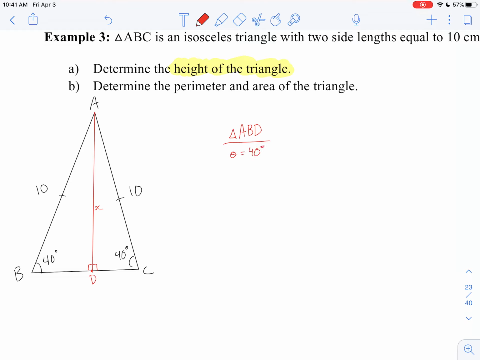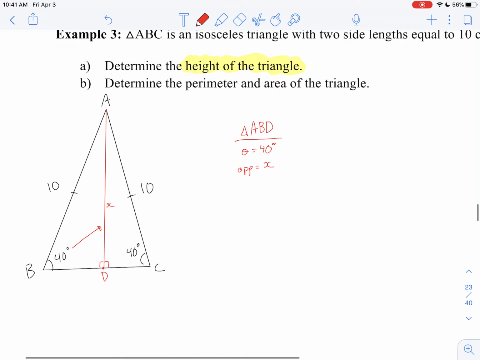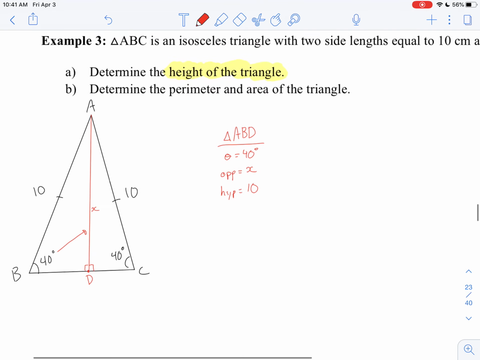We're going to look at that angle. Opposite that angle, opposite is going to be equal to our x. That's what we're looking for. And then across from 90 degrees, so if I look at just triangle ABD, 90 degrees is at D, so the hypotenuse must be equal to 10 centimeters in this case.